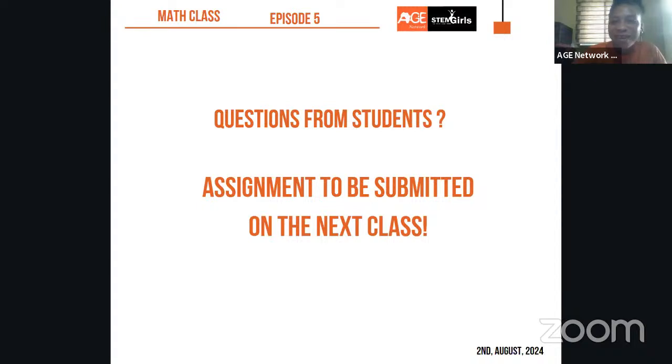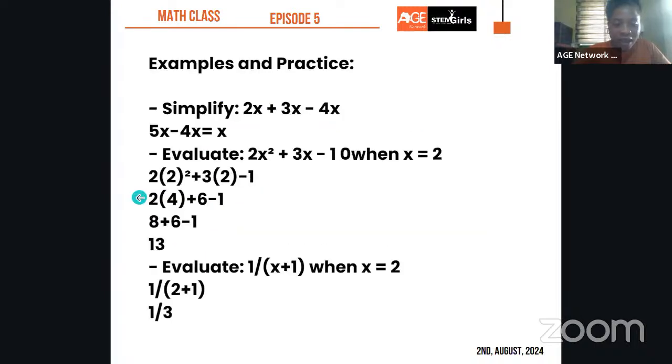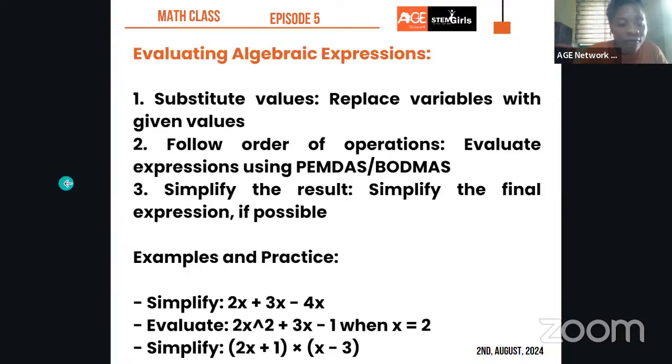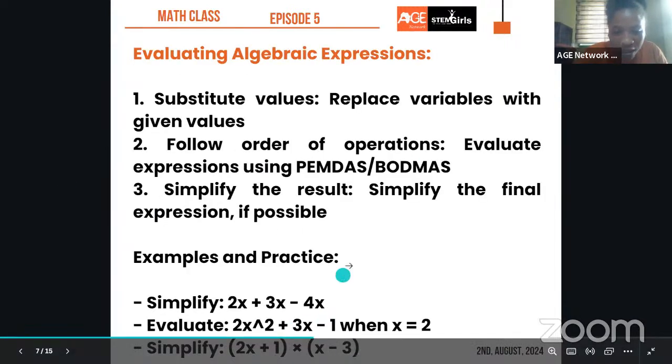I think I've learned a lot from this. But I would love to ask, the last one you made mention of, under the evaluation, we have 2x plus 3.